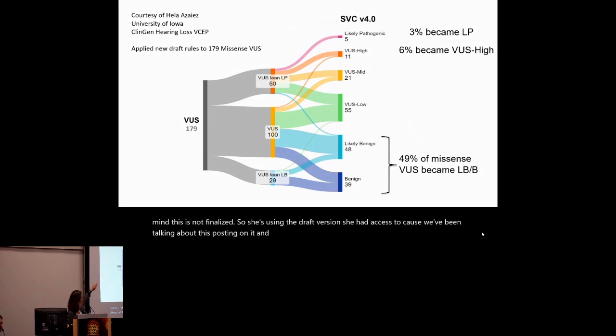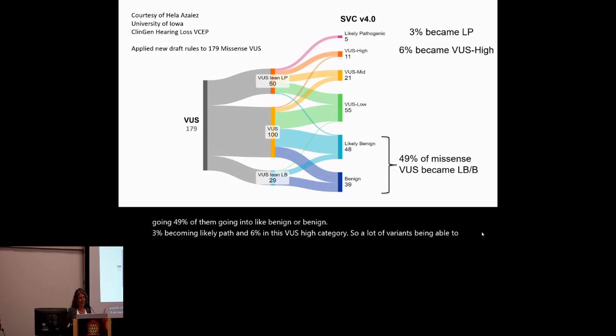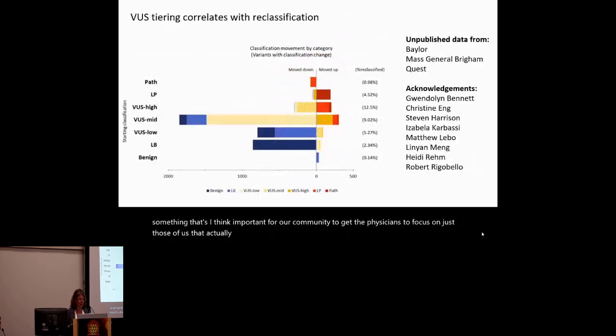And you can see the VUS is now dividing, with 49% of them going into likely benign or benign, 3% becoming likely path, and 6% in this VUS high category. So a lot of variants can be taken out of view by VUS low and below. And that is important for our community, to get physicians to focus on just those VUS that actually have some evidence.